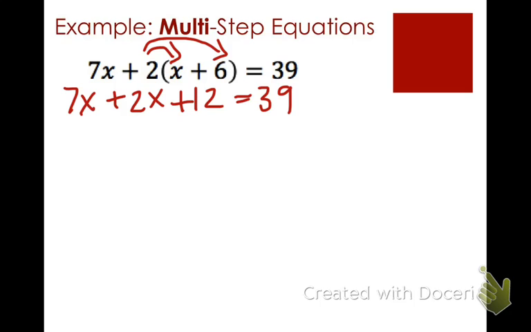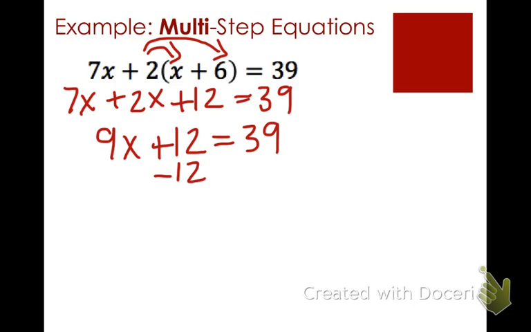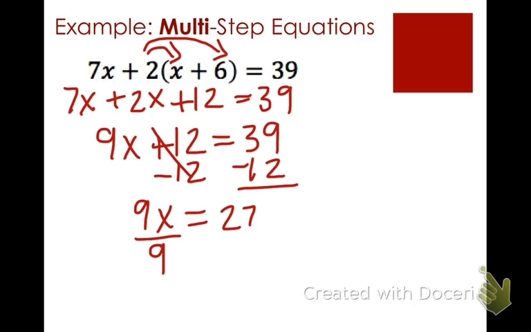Now I want to combine like terms. 7x and 2x is 9x. Plus 12 equals 39. Now my usual. So I'm going to subtract 12 from both sides. I get 9x equals 27. Divide both sides by 9. And x equals 3.